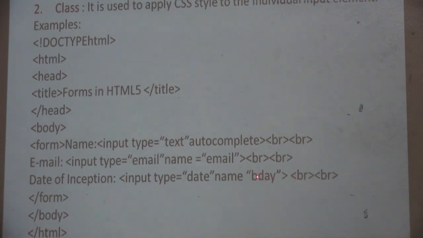Again we have the break tags. The form tag we started here is ended here, and lastly we close the body tag. At the end of the program we have the /HTML ending tag. I will show the output of the program further.